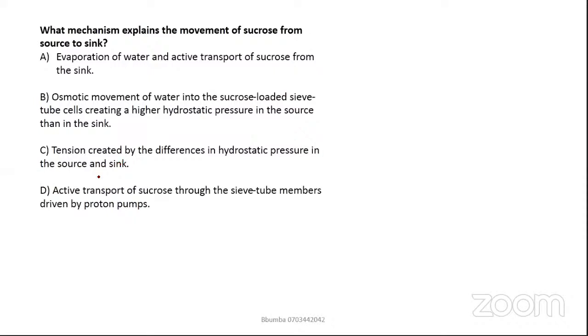And then for D, I don't know why people have not yet looked at D. This says active transport of sucrose through the sieve tube members driven by proton pumps.